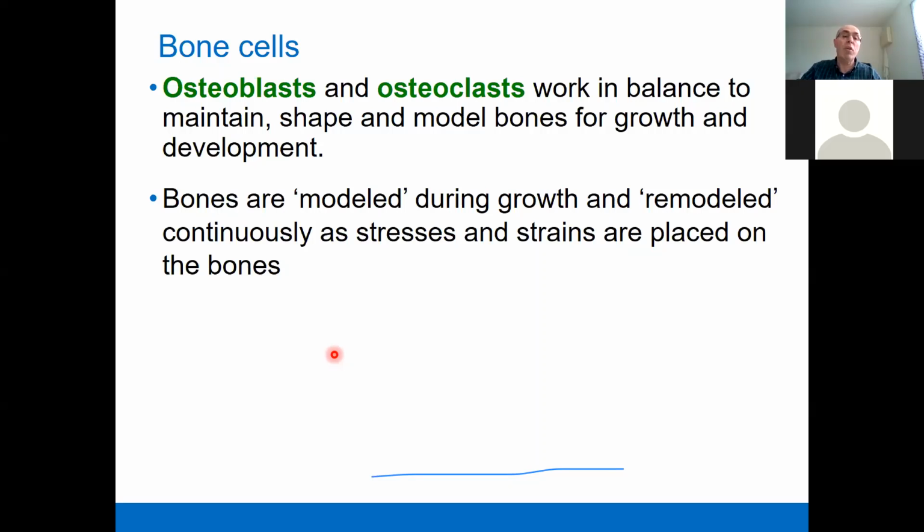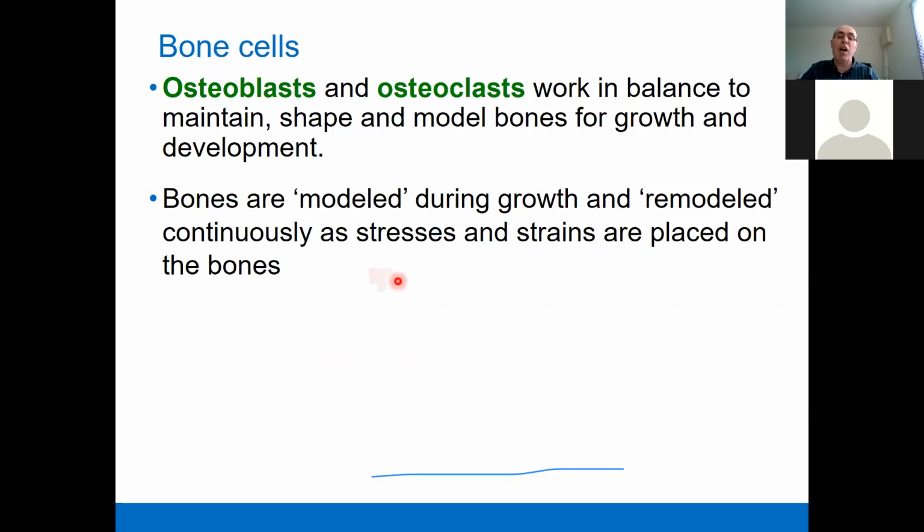As we know, bones are modeled during growth and remodeled continuously as stress and strain are placed on the bones. During our lives, the balance of these two cells is really important.